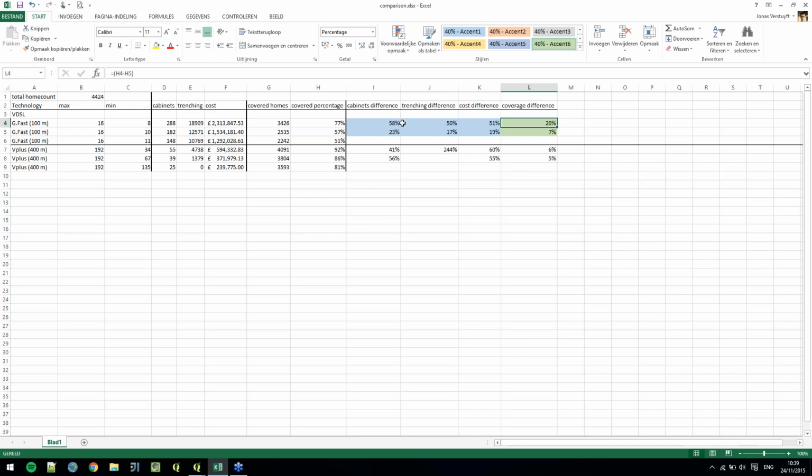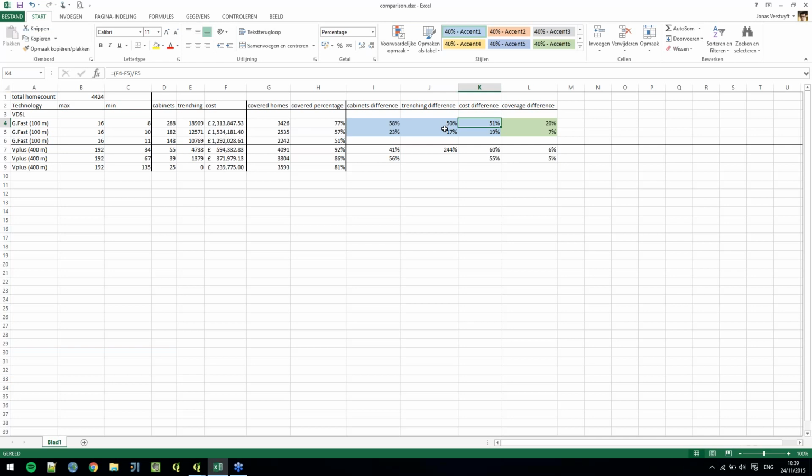But if we look at the amount of extra cabinets that are needed and the amount of extra trenching, we see here in this particular case, so this is very case specific, that we need an extra 60% of cabinets for getting to this 77% coverage percentage, and the total cost also goes up by 50% together with the trenching difference.